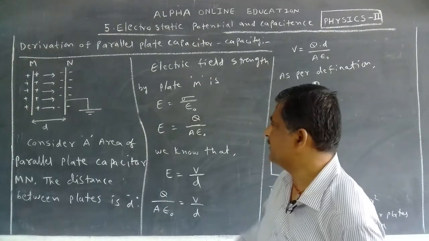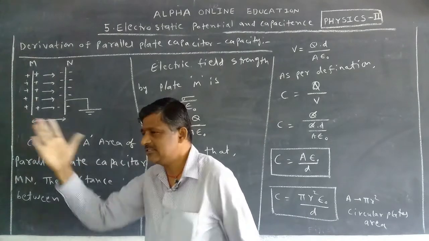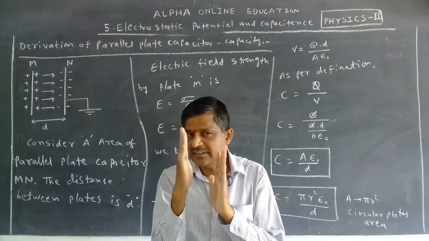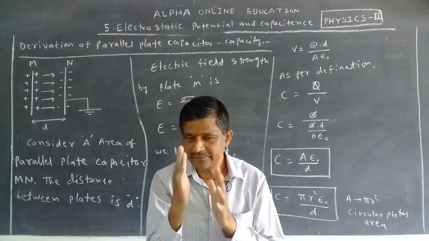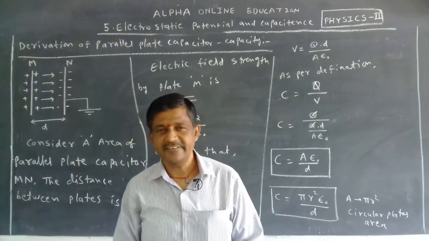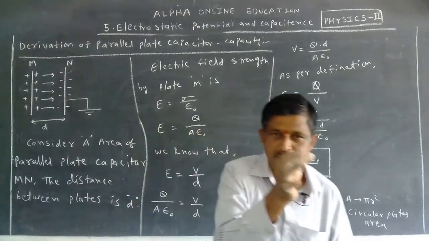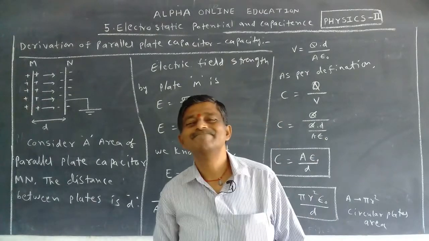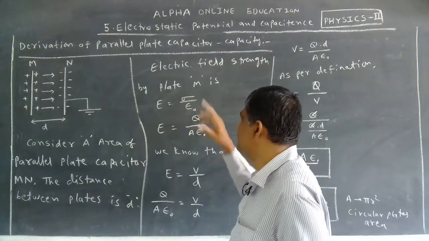Now you take, this is a charged plate. Nearer to that, electric field is present. Nearer to a charged plate, the intensity of electric field equation is derived in the 4th chapter under Gauss theorem as E is equal to sigma by epsilon naught.